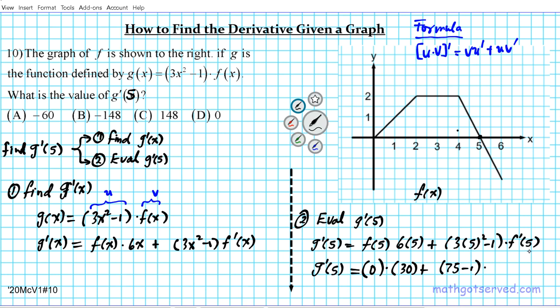What is this f prime of 5 here? How do we find f prime of 5? Given the graph, how do you find the derivative? It's nice that we have 3 linear segments here, so we can easily determine what the derivative is. To find f prime of 5, we're going to be finding the slope of the tangent line at 5.